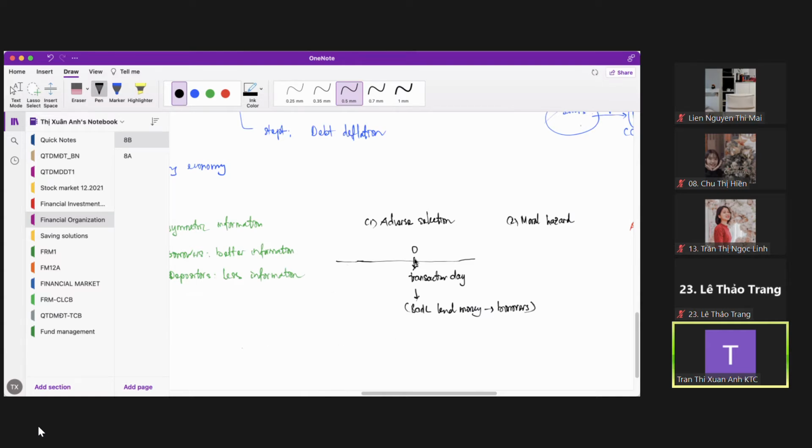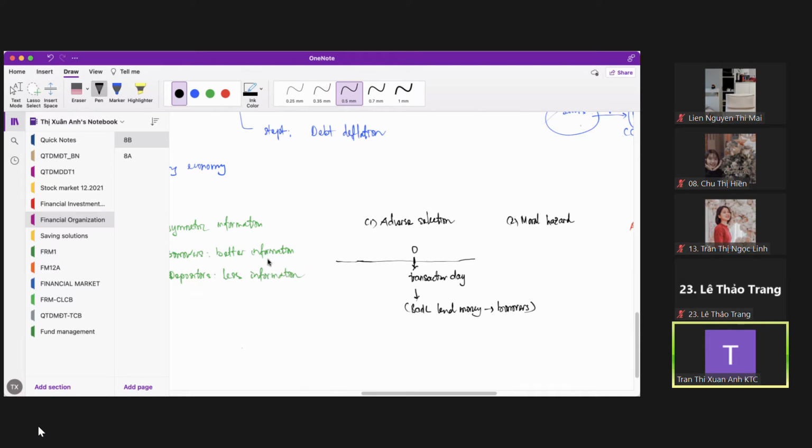You know that if both of them sign the contract, it means the bank commits to lend money to the borrowers, and the borrowers commit to use the money in legal activities or legal projects.